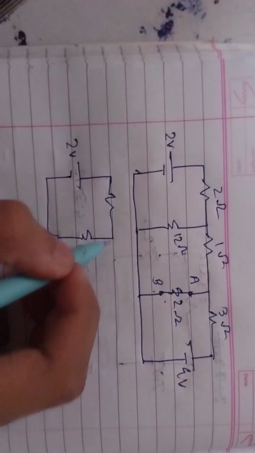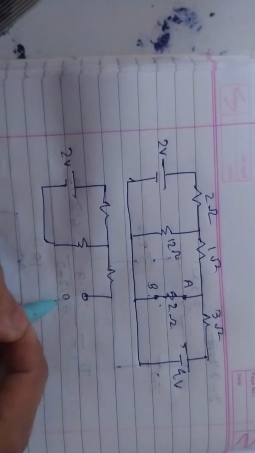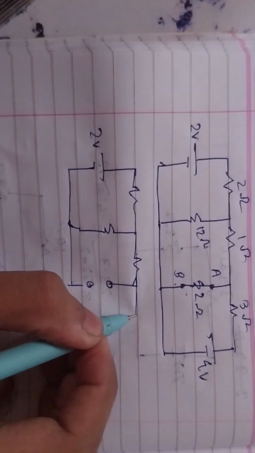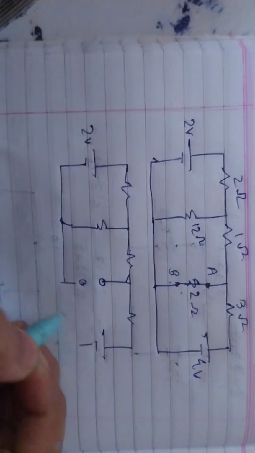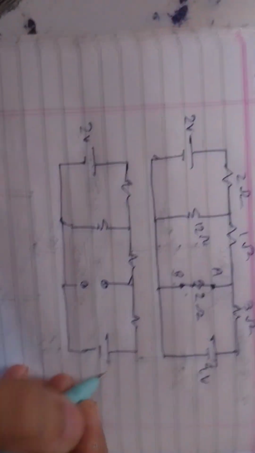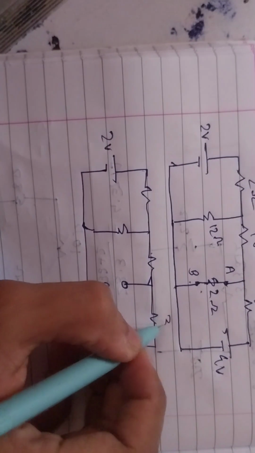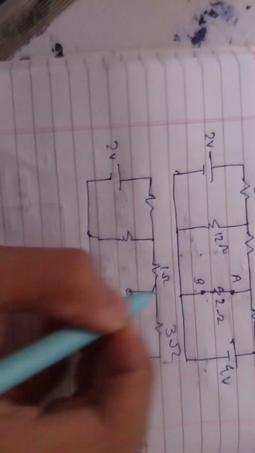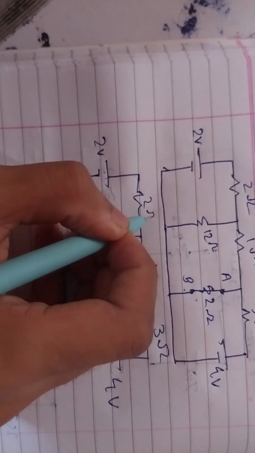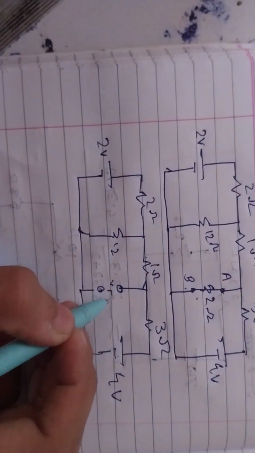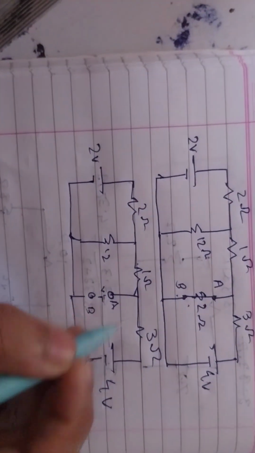Then 3 ohms, this is 12 and 2 ohms. We need to find the VTH, that is A to B, from here.